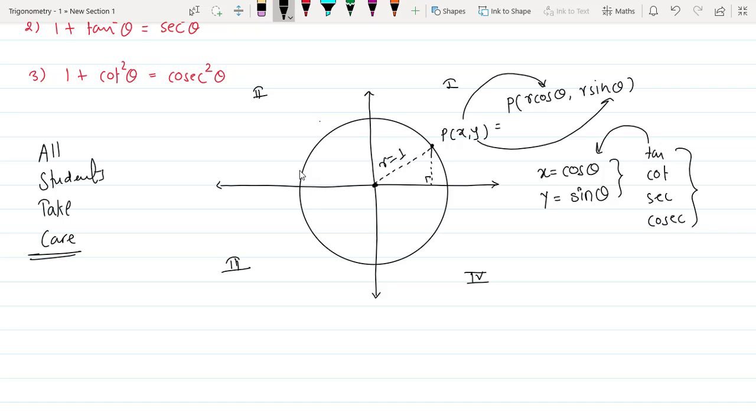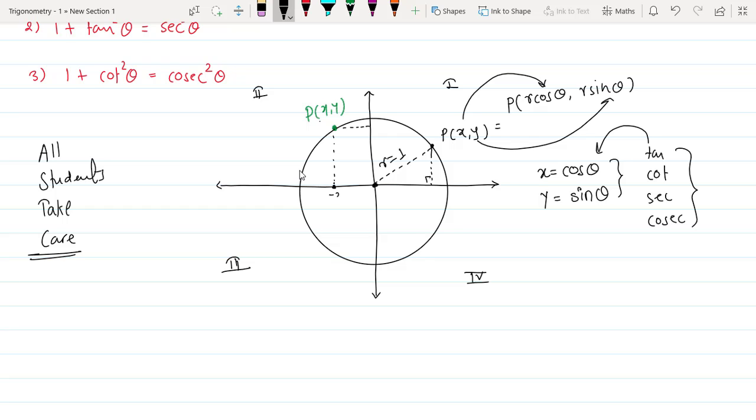Perfect. Now coming to the second quadrant, suppose I take this point P(x, y). Tell me which coordinate is positive and which is negative in this second quadrant. X is negative and y is positive. See here, this y is positive and this x is negative.